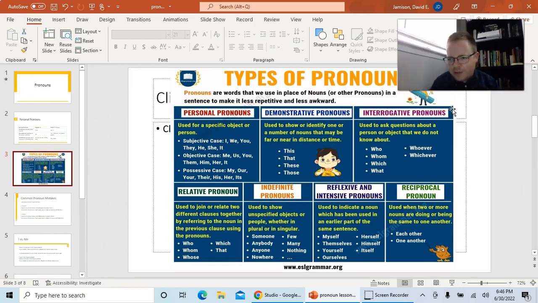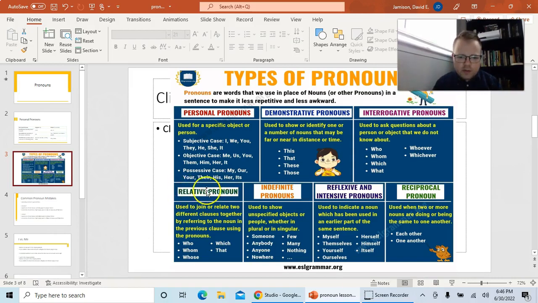Which of the cats peed on the floor? Any of those could be examples of interrogative pronouns, and you would usually use those in a question, where you're trying to figure out a specific person or object or whatever from a group, and you don't know which one it is.